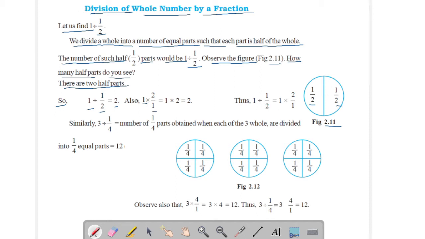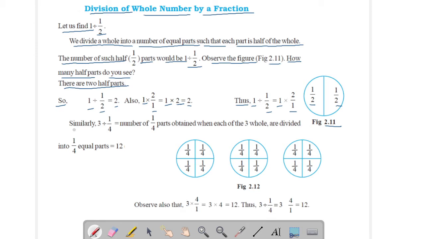Now multiply numerator by numerator, 1 into 2, and denominator 1 into 1, it is 2. Thus 1 divided by 1 upon 2 can also be written as 1 into 2 upon 1.